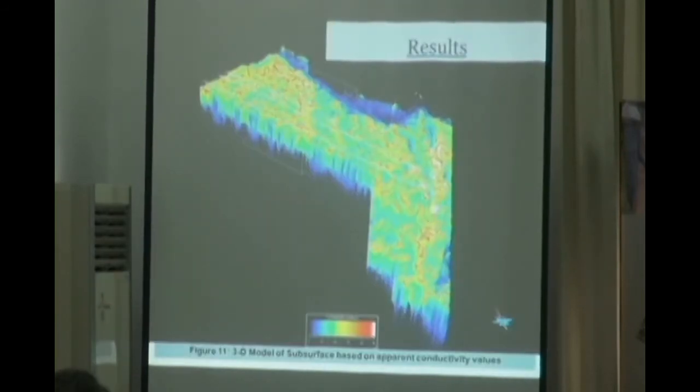After we ran the software on the data set, this is what has been generated for the entire project area. And these are actual apparent conductivity results. So from airborne electromagnetics, we are now able to create apparent conductivity of the entire subsurface.